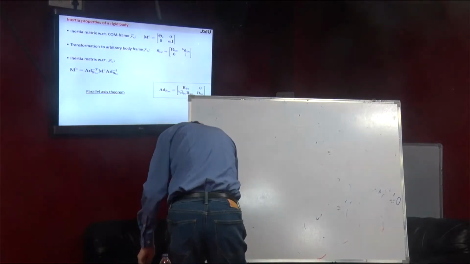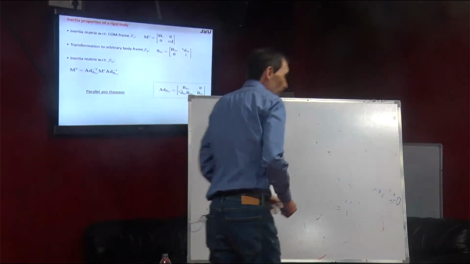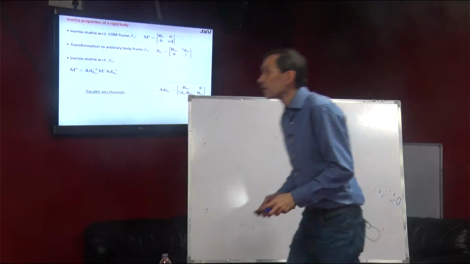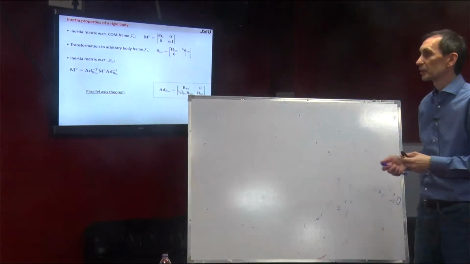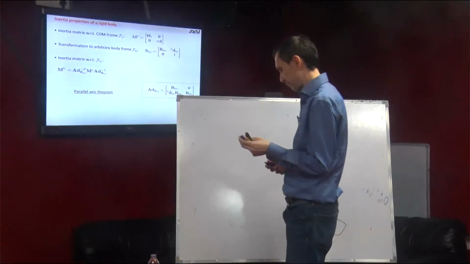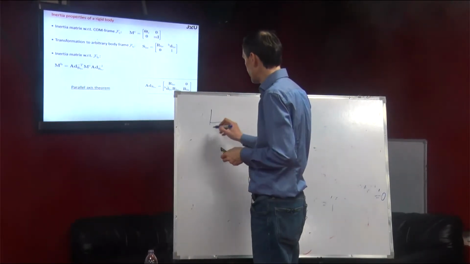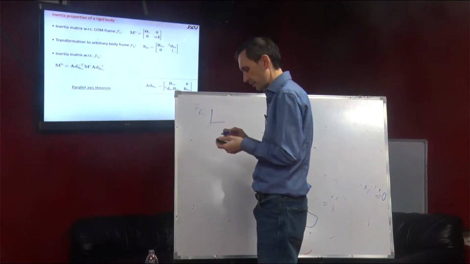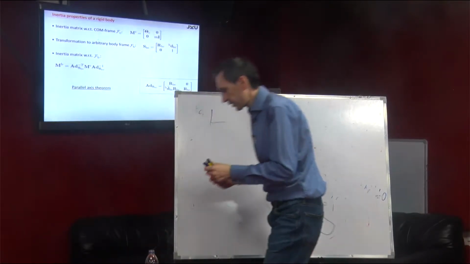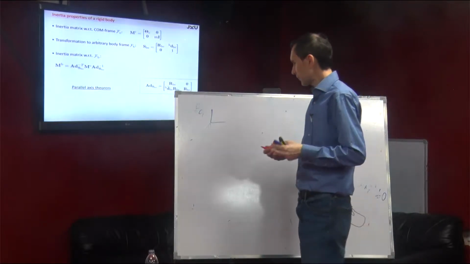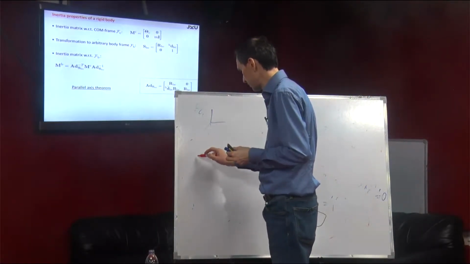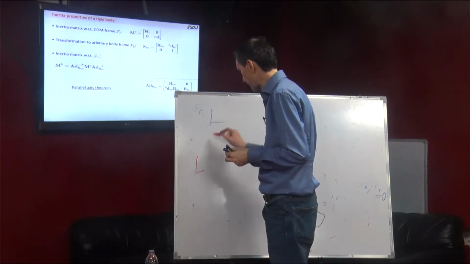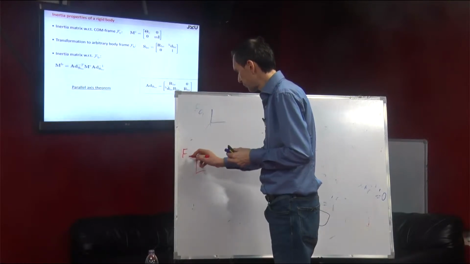So, which one? This one. Yeah, okay. How do we do this? So let's maybe have a picture. So we have our frame, which is the center of mass frame. And then we have another frame somewhere, maybe here, which is now the body frame I'm interested in.